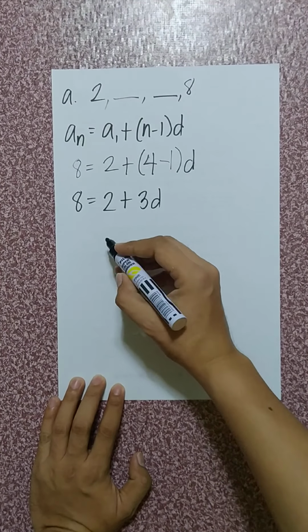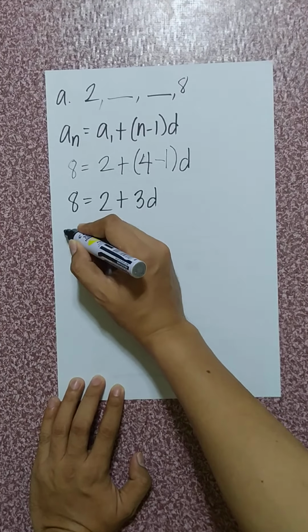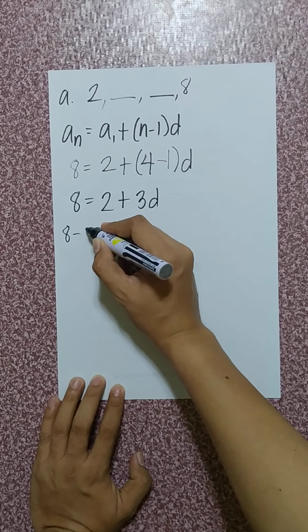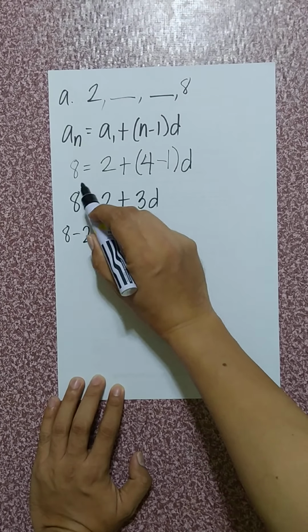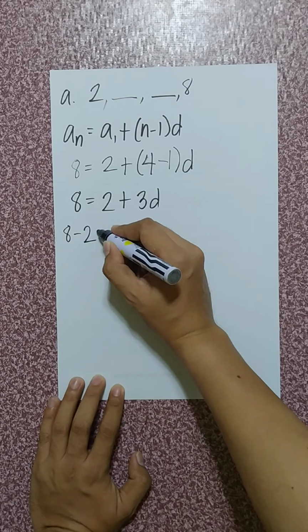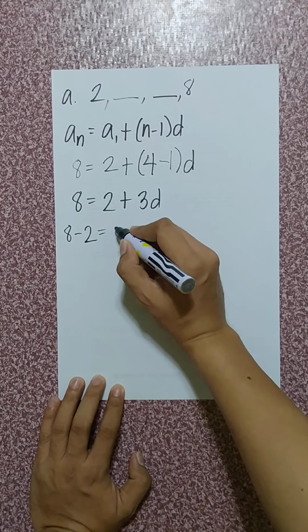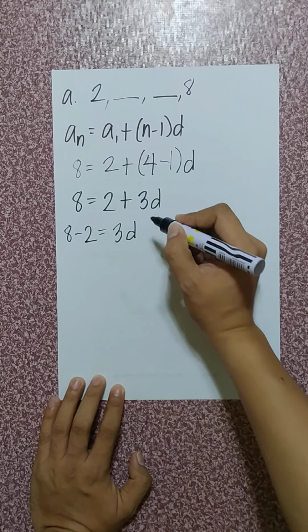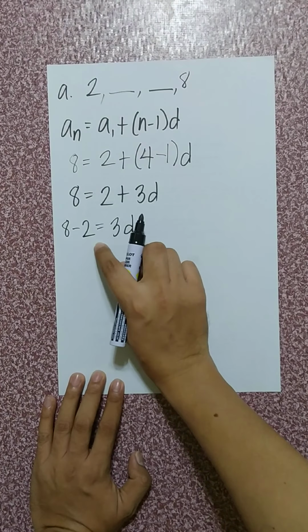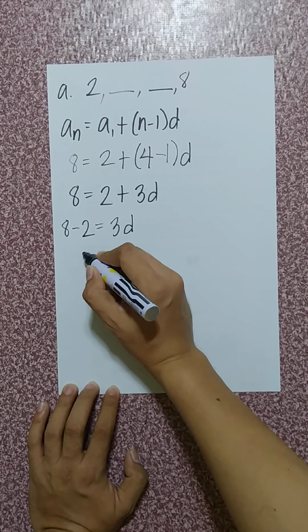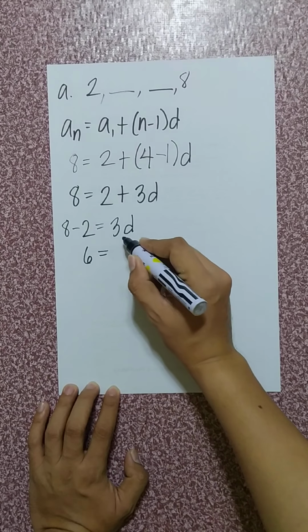So by concept of transposition, we have 8 minus 2, kasi positive, pag nilipat sa kabila, magiging negative. Equals, so natira na lang, we have 3d. Then let's simplify the left side. 8 minus 2, we have 6 equals 3d.